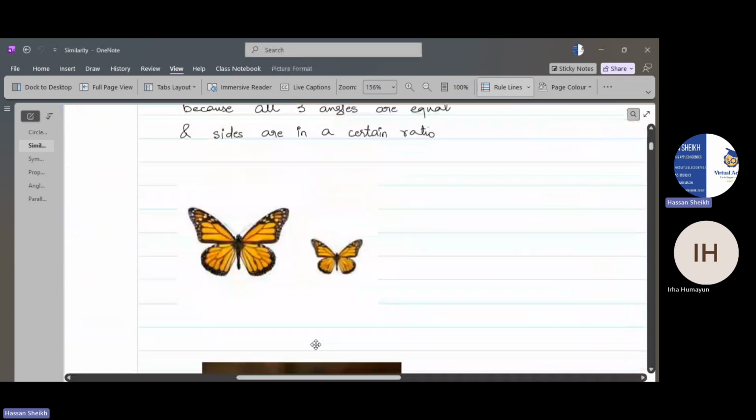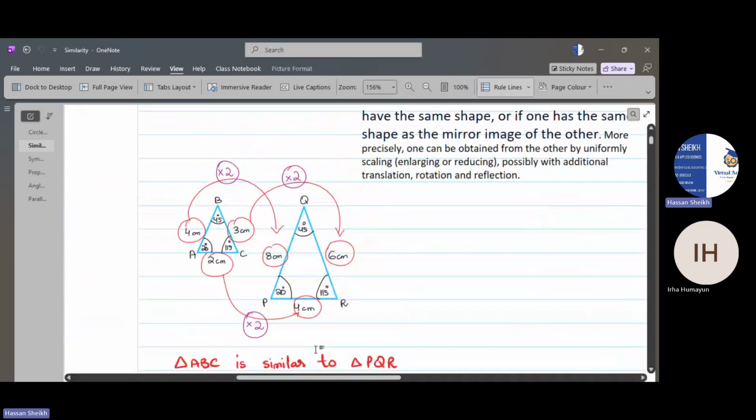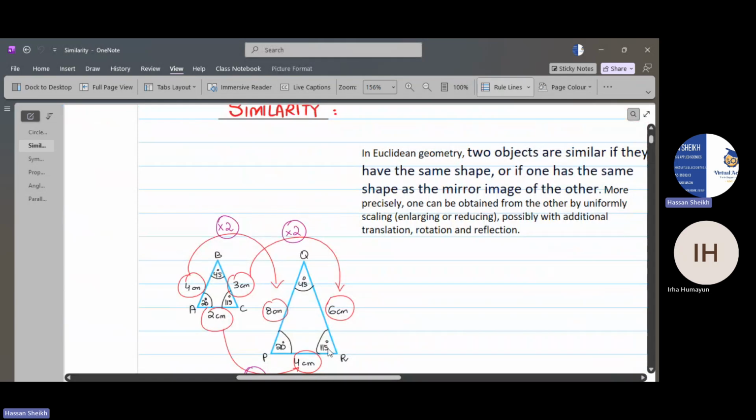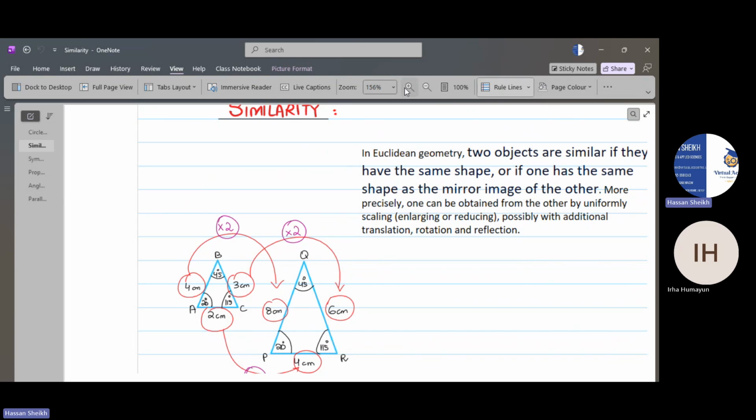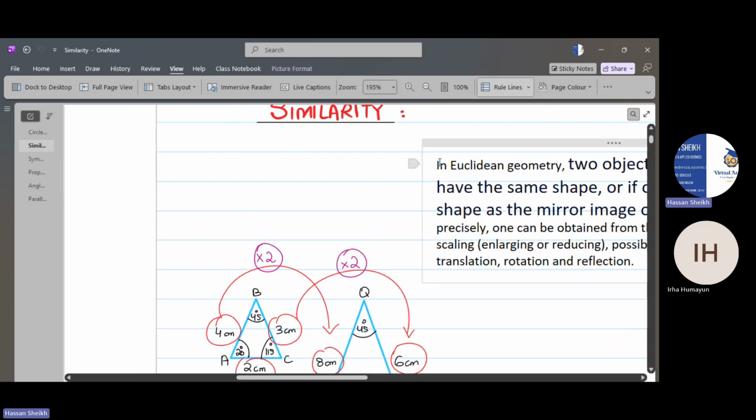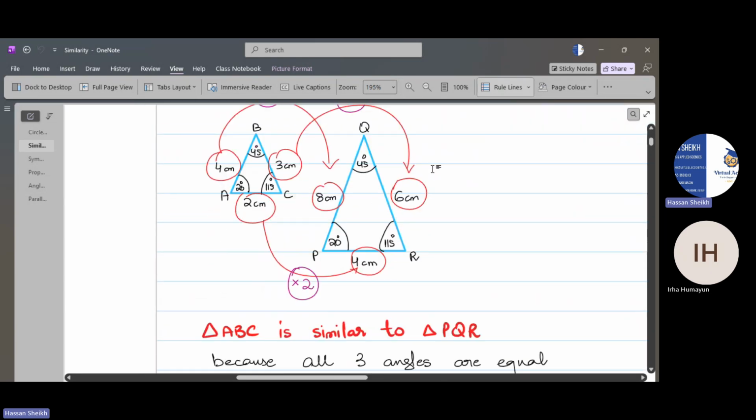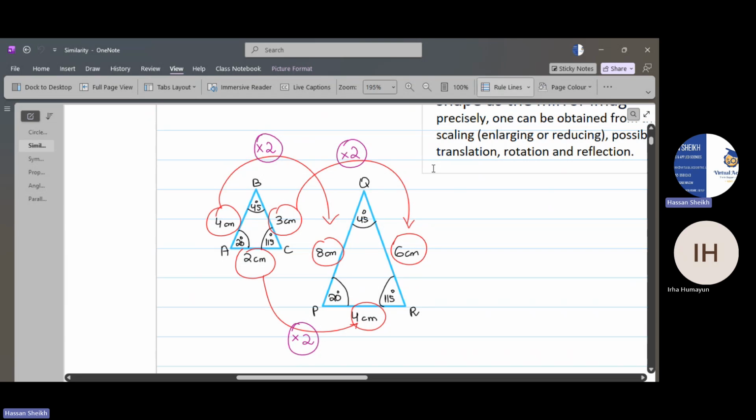So, what do you understand with the similarity? In similarity, shapes are the same, but they do vary in size. Let us take an example of two similar triangles. We have triangle ABC and triangle PQR.